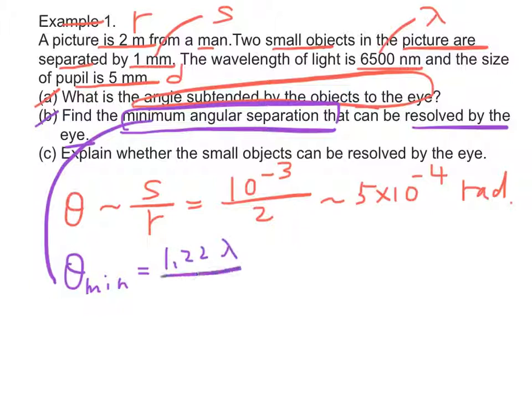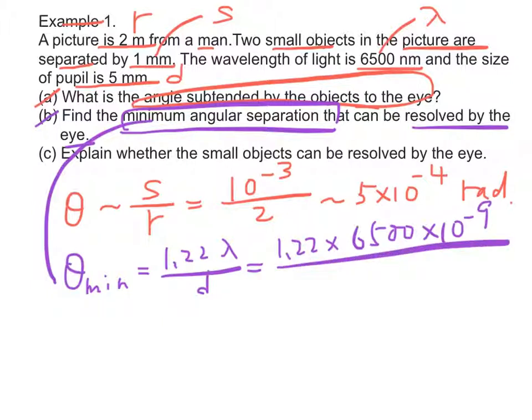Part B. The minimum angular separation that can be resolved by the eyes is theta minimum equal to 1.22 lambda over d, equal to 1.22 times 6500 times 10 to the power negative 9 over 5 times 10 to the power negative 3, which is equal to 1.59 times 10 to the power negative 3 radian.